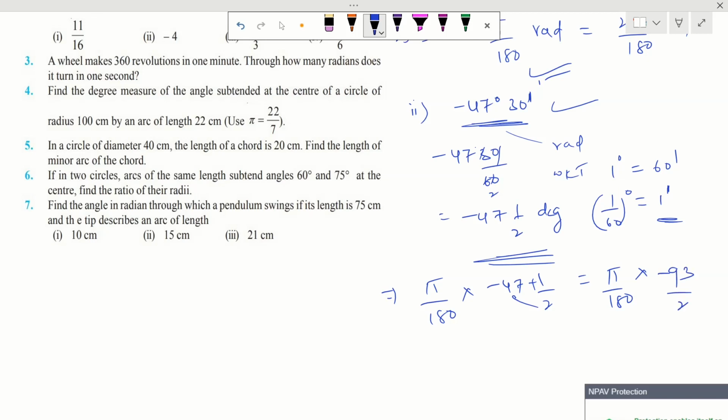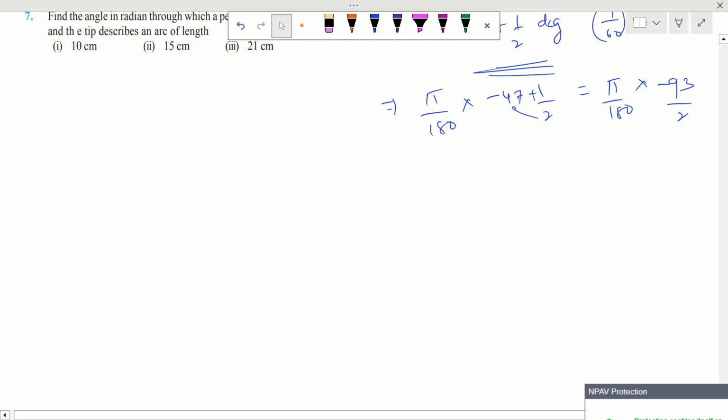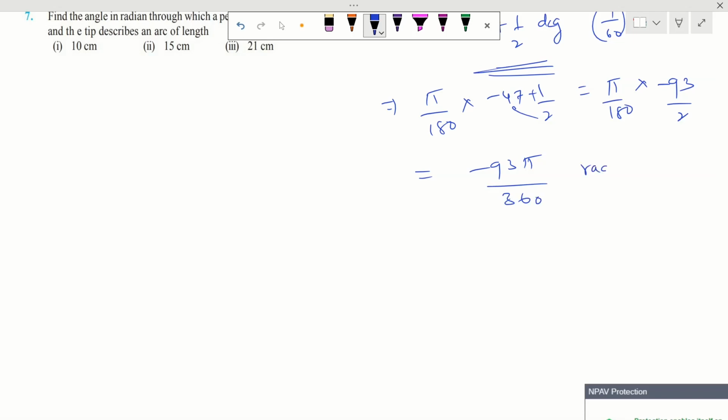Then this is equal to 95 pi by 360. This is in radian. Here we don't have to put the value of pi, because pi itself represents radian.